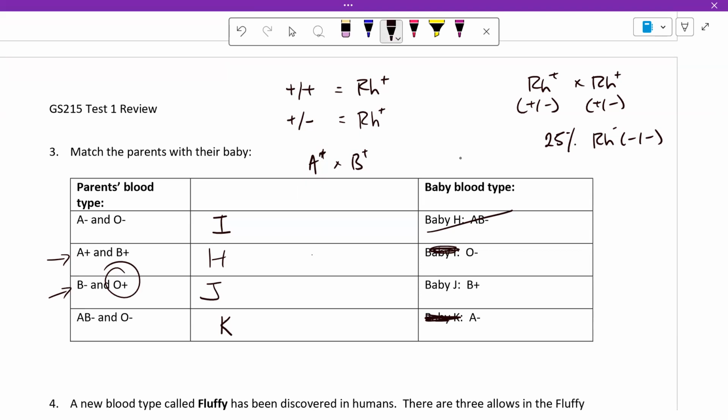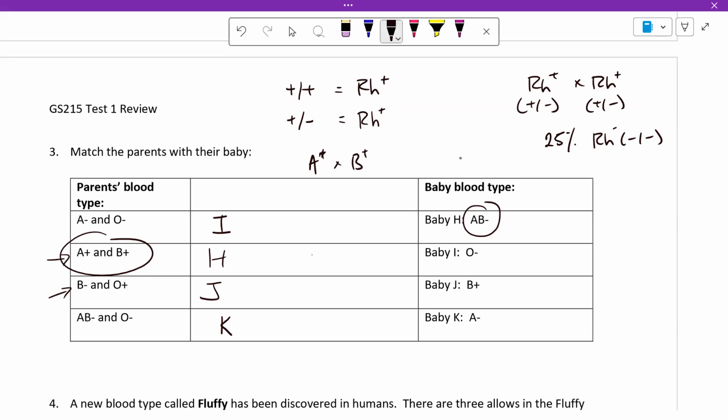But the point with these types of questions is there are a limited number of choices of babies that belong to them. That's why we are able to eliminate certain babies, right? So we're not saying this couple can only make AB negative. Certainly there are other options as well.